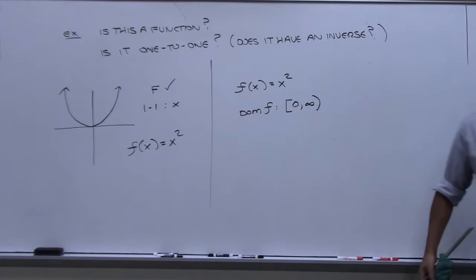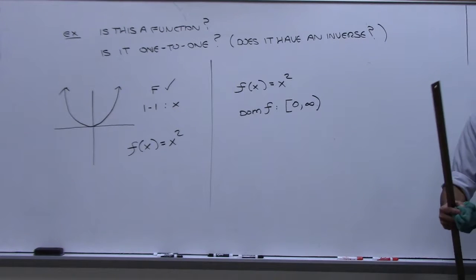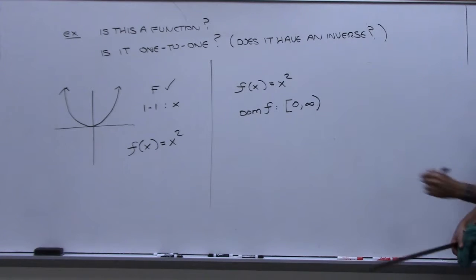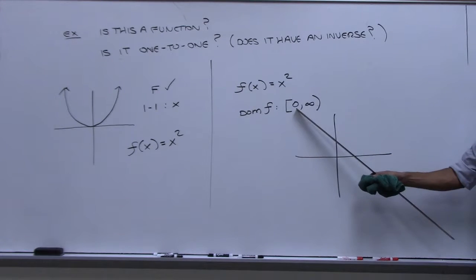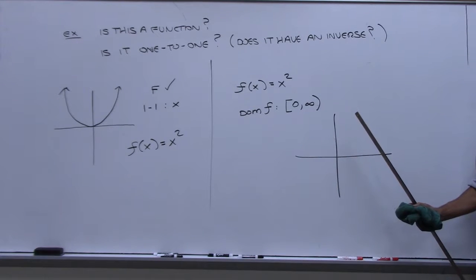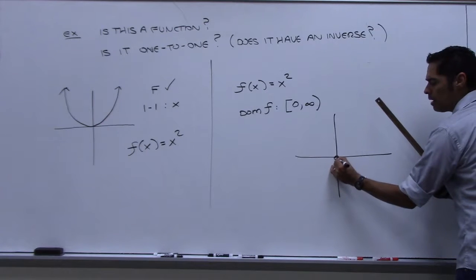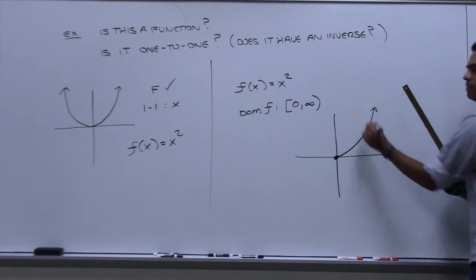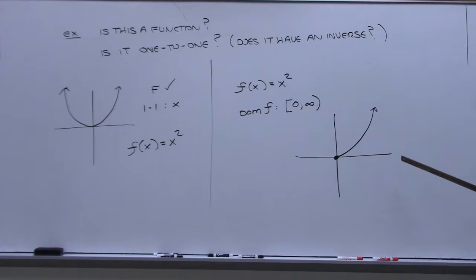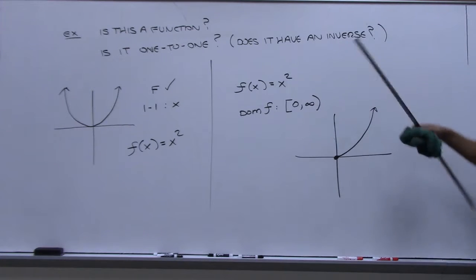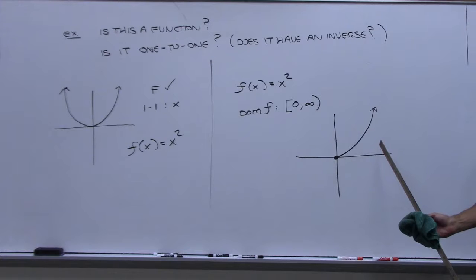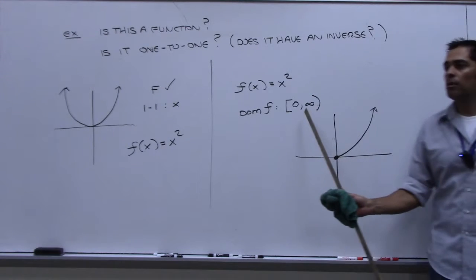So I'm coming in here and physically putting restrictions on the drawing myself. Then if you draw this, you are only allowed to plug in 0 and then positive numbers. And therefore the picture would look like this. Wouldn't it? Is that a function? Yes. Is it 1 to 1? Yes. That we should be able to find an inverse for, only if we restrict that domain, though.